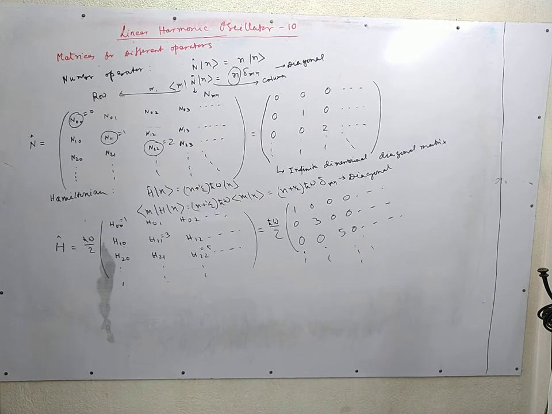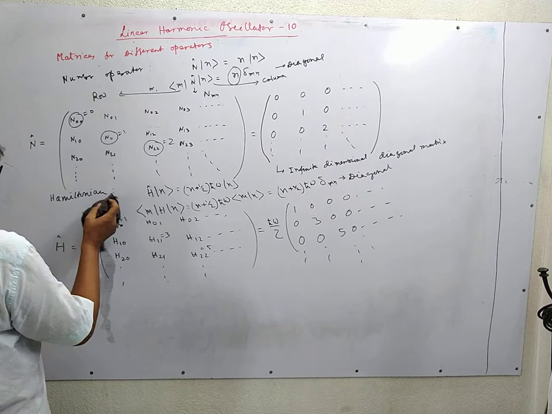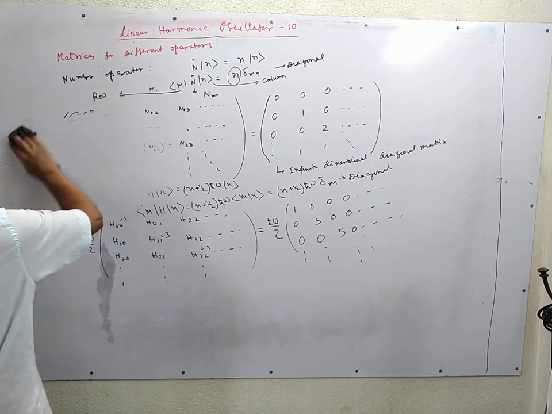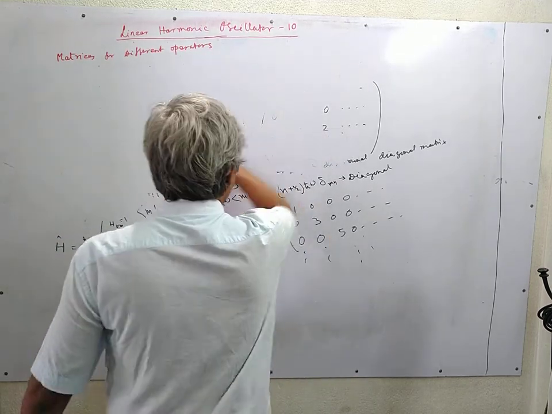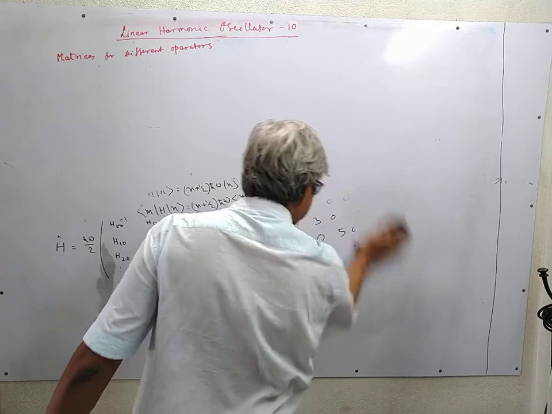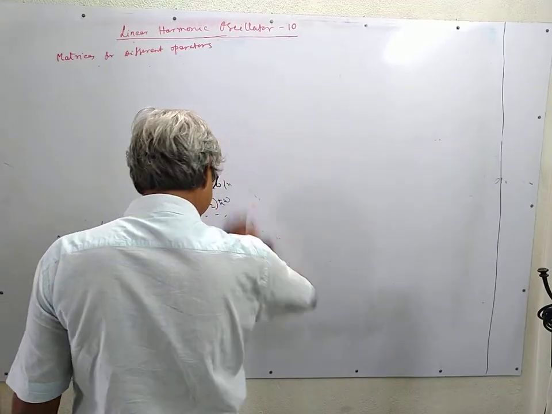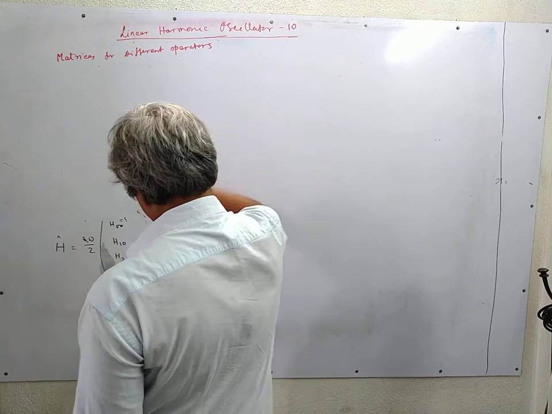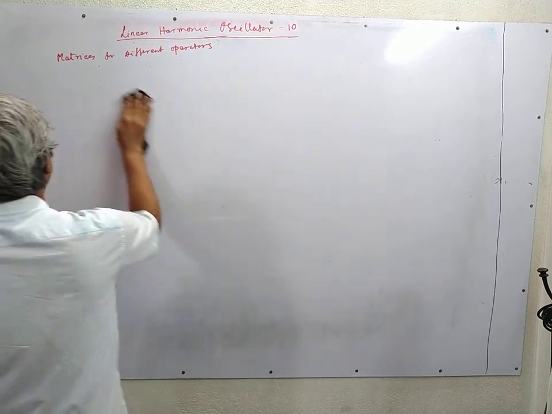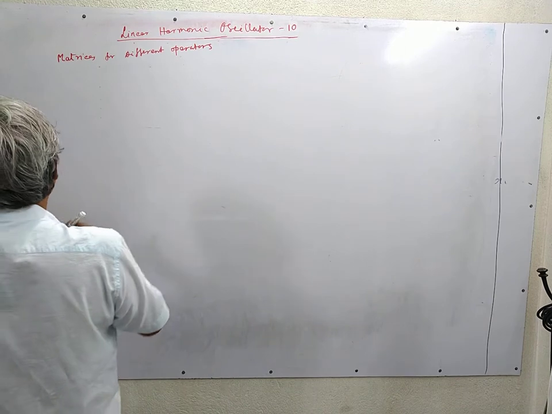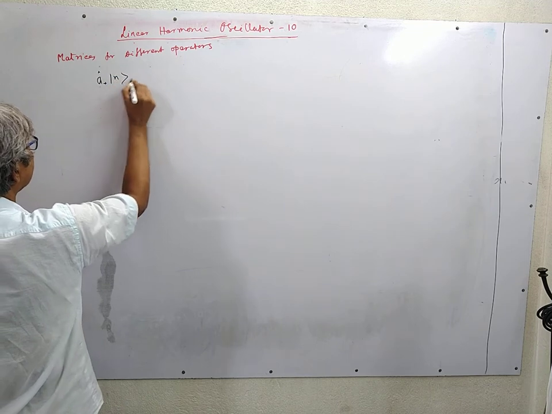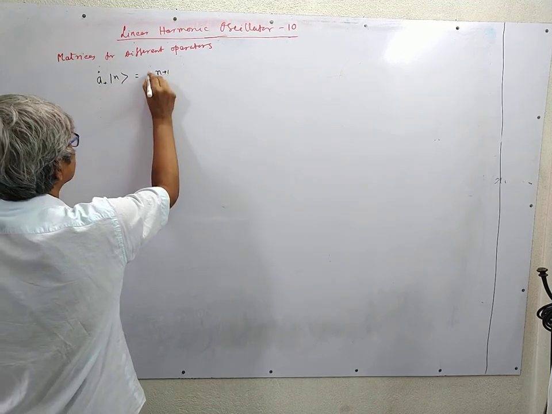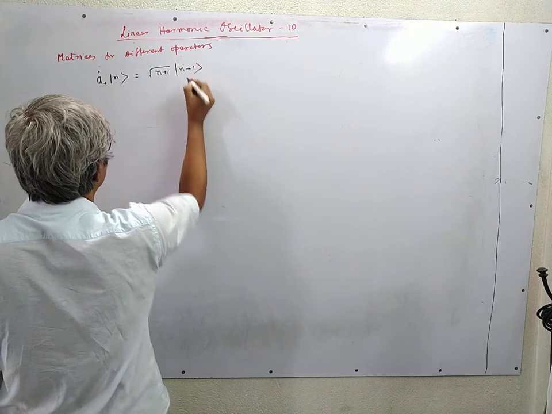Now we shall go to the matrices for A plus and A minus, which are no more diagonal. Let me come to the matrix element for A plus and A minus first. A plus operating on a state n gives you the square root of n plus 1 times the state n plus 1.